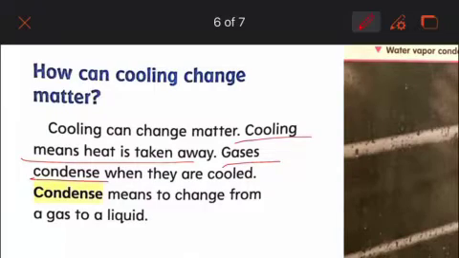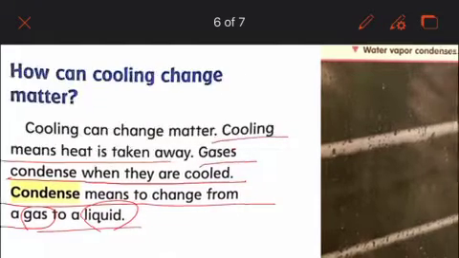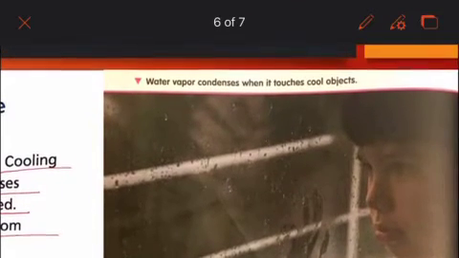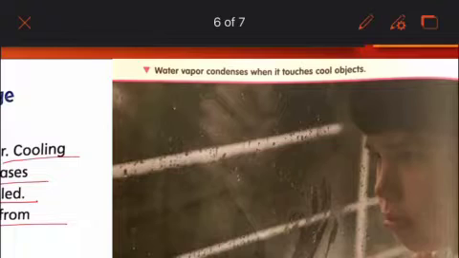Gases condense when they are cooled. Condense means to change from a gas to a liquid, like this picture. Here, water vapor condenses when it touches a cool object.